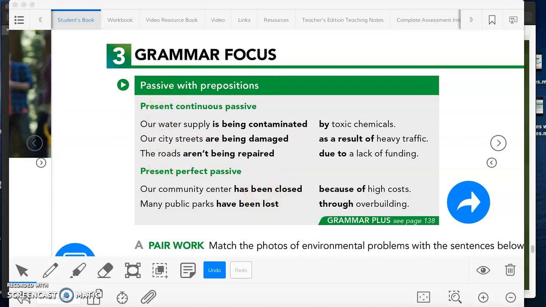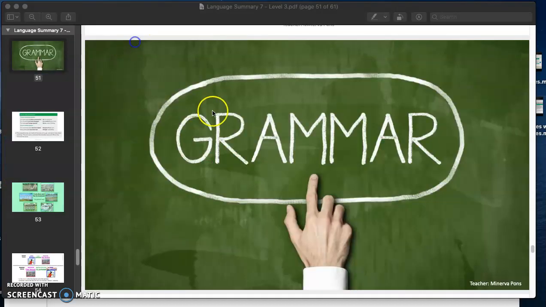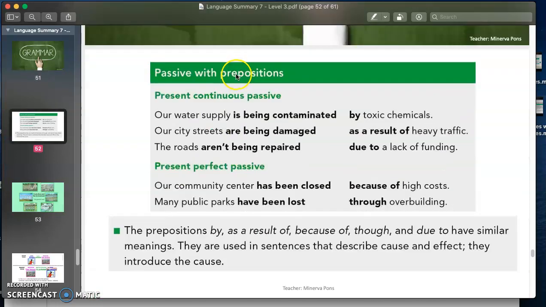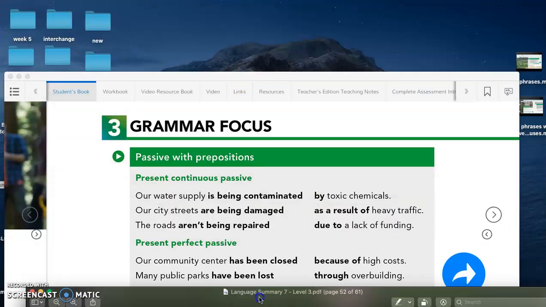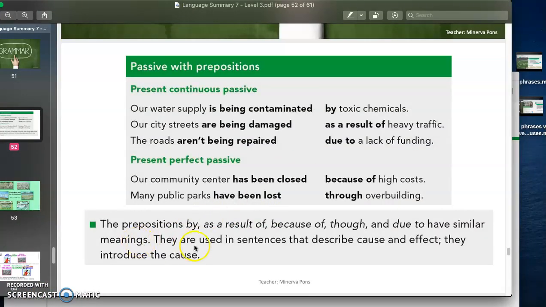and using present perfect. In here we have the same examples, and as you can read here, the prepositions by, as a result of, because of, through, and due to have similar meanings. So they are used in sentences that describe cause and effect.